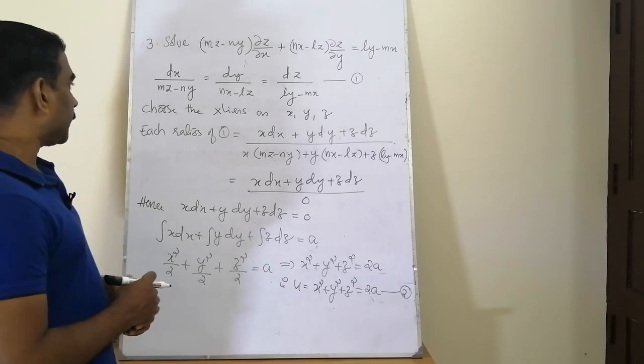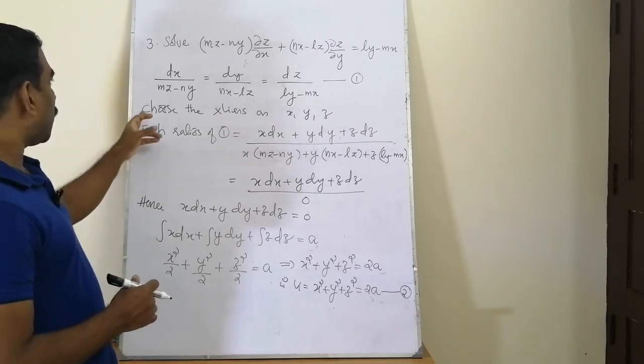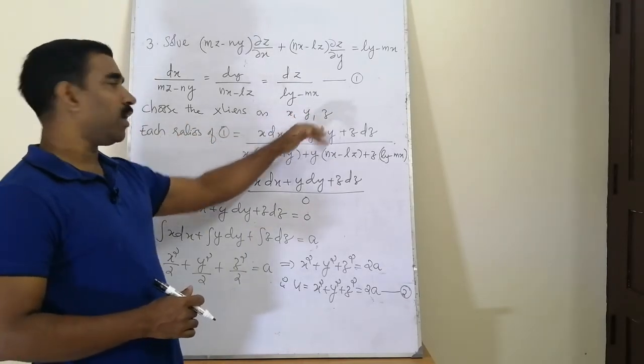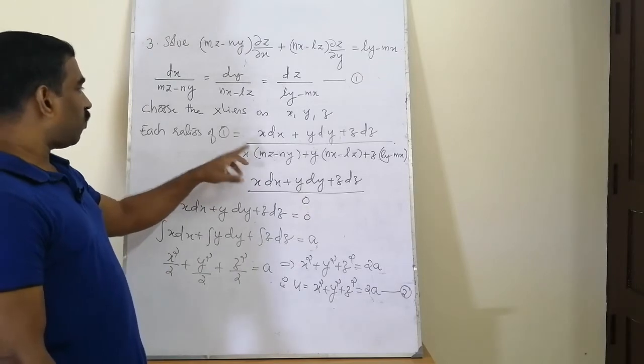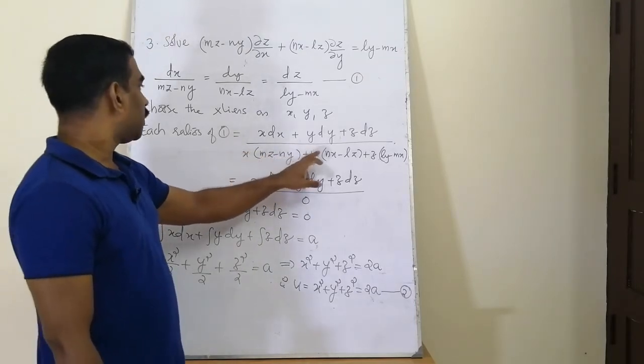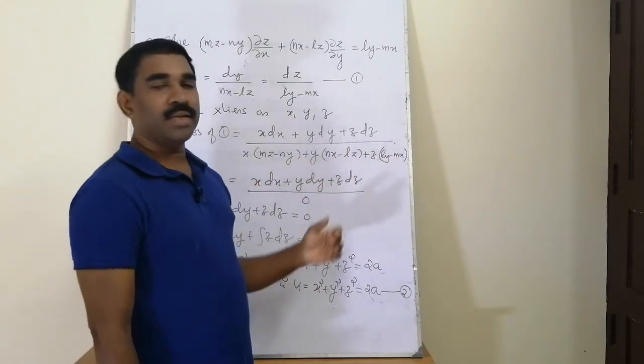What are the multipliers? Suppose we are choosing another set of multipliers as, instead of x, y, z, L, M, N. Then in the fourth ratio the denominator becomes L into mz minus ny plus M into nx minus lz plus N into ly minus mx.